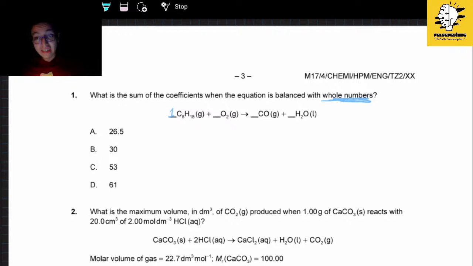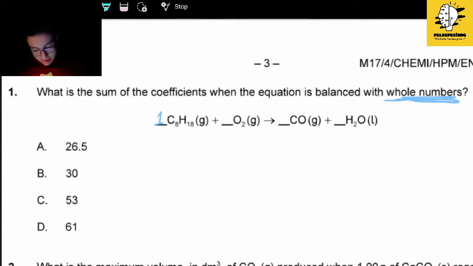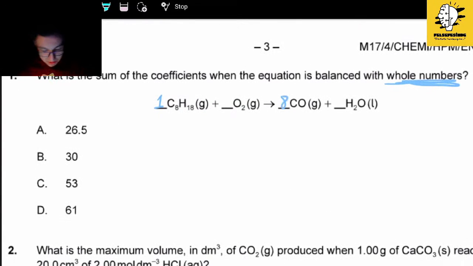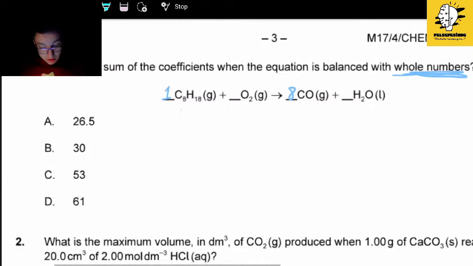Yeah, let's do it. Let's start with the carbons. Carbon is 8 here, so let's write 8 directly. For the hydrogens, this has to be 9, so 9 times 2 would be 18. Let's look at the oxygens. We have 8 here, and also 9 coming from here, making it 17.